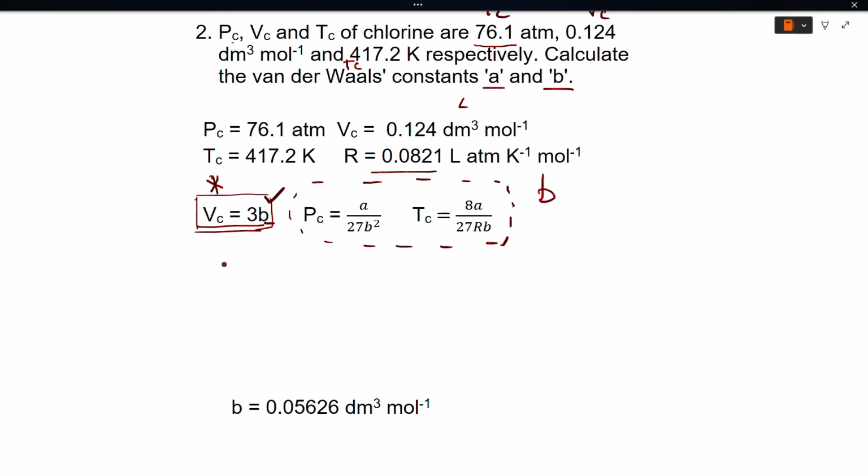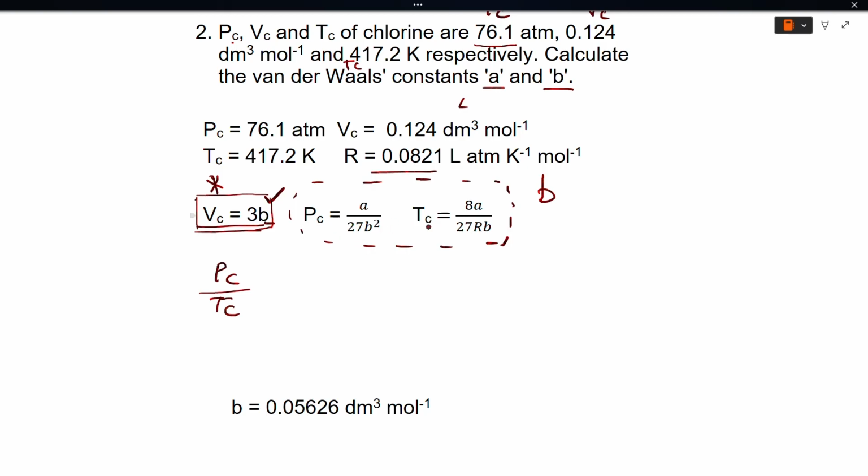So, here I am going to take the relation PC divided by TC. Why am I taking PC divided by TC? Because in both equations, if you check, there is the value of A as well as B, but here B is in square and here it is simply B raised to the power 1.